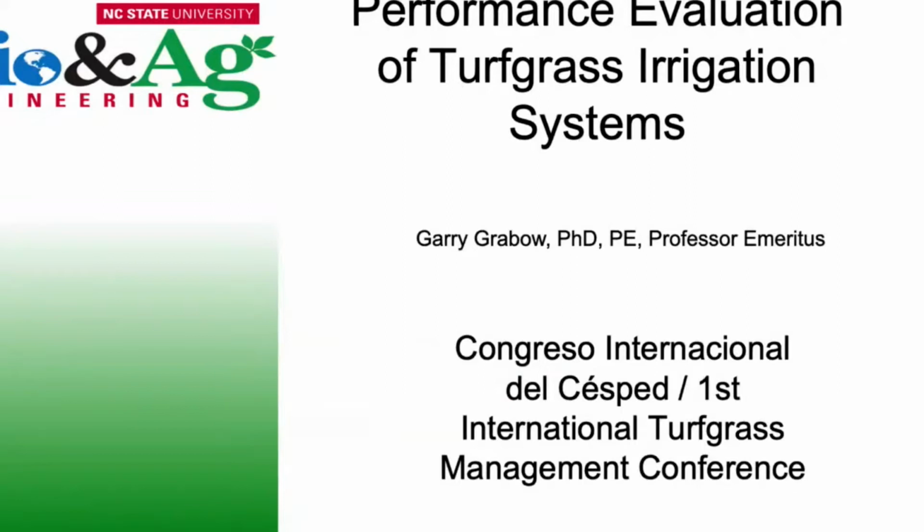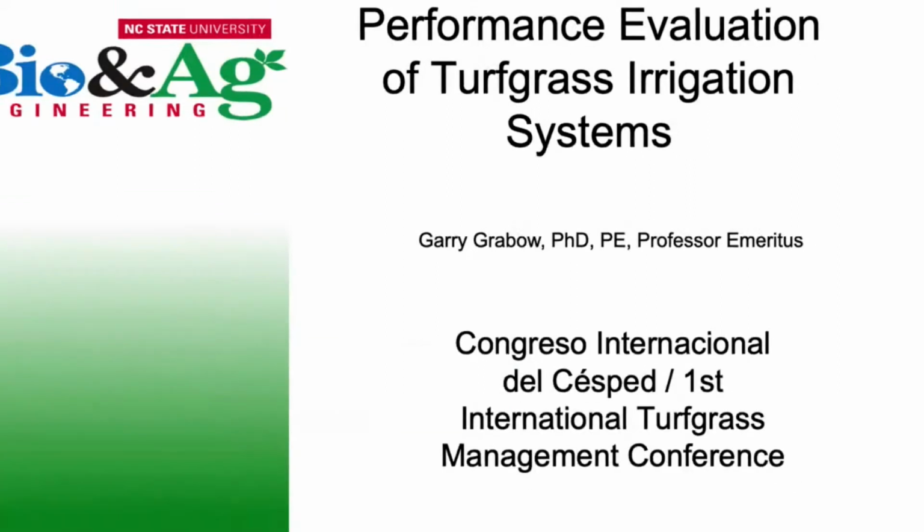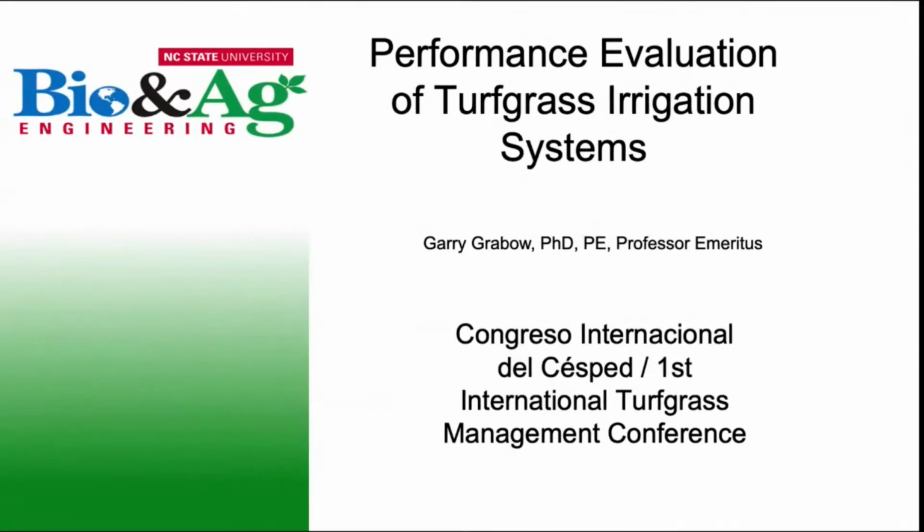Yes, full screen. Okay. So first I wanted to start with performance evaluation of turfgrass irrigation systems. And what I want to talk about here is in order for you to manage your irrigation, it's essential to know your system.